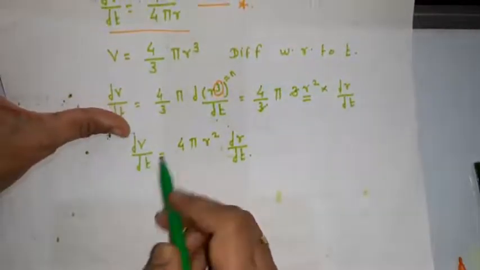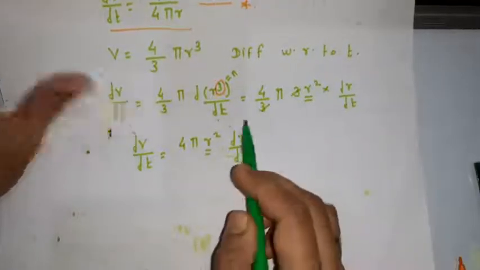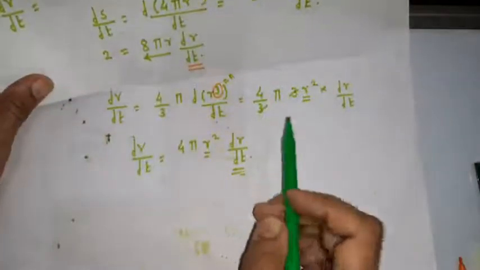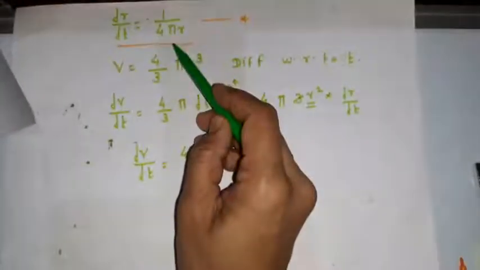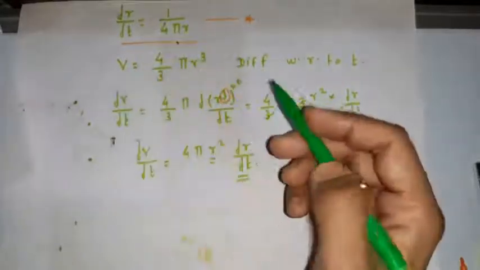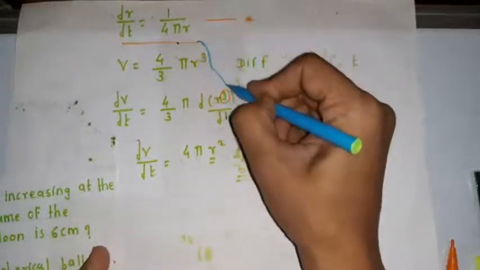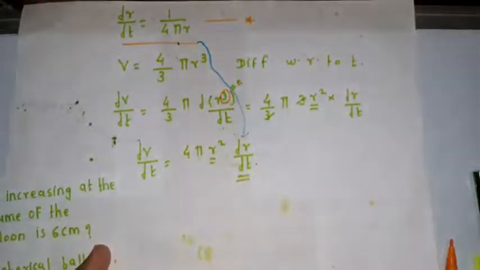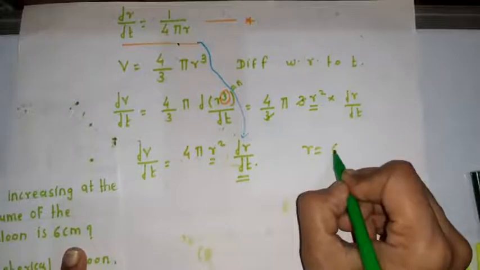In that dv by dt, put the value of r and put the value of dr by dt that we have found out. The value of dr by dt is 1 upon 4 pi r. Okay students, put this value in the expression. And r is given in the problem, r equal to 6 centimeter.